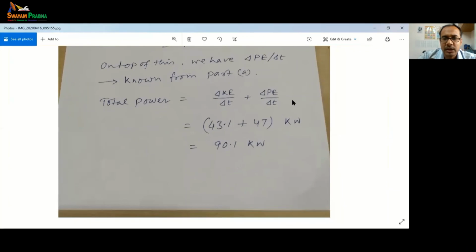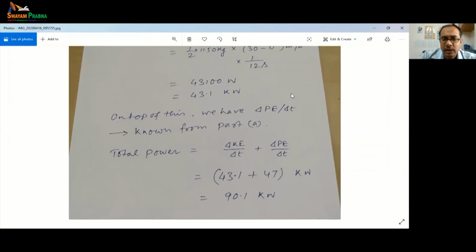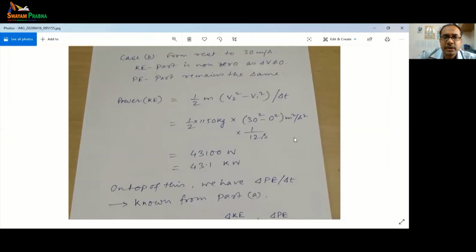So that would be the total power required to accomplish the change in height, I mean, the whole uphill road will be covered, but the velocity will be from 0 to 30 meters per second. So this is case B, where we have both the kinetic energy change as well as the potential energy change.